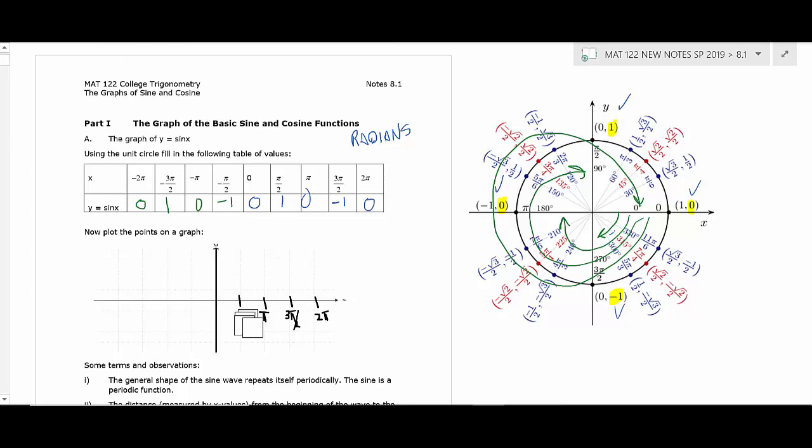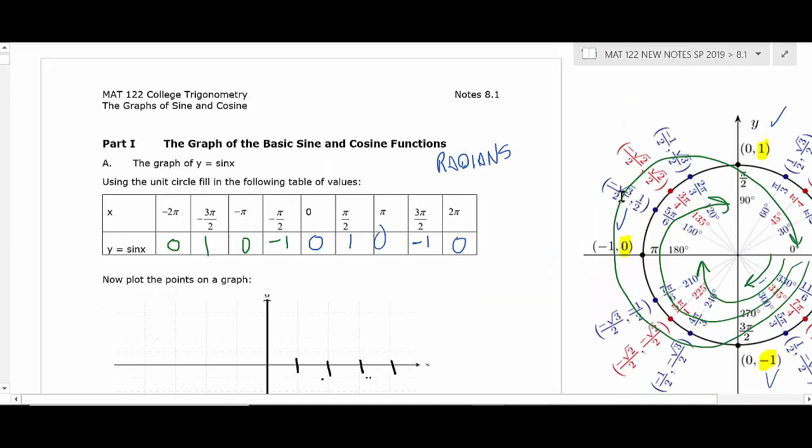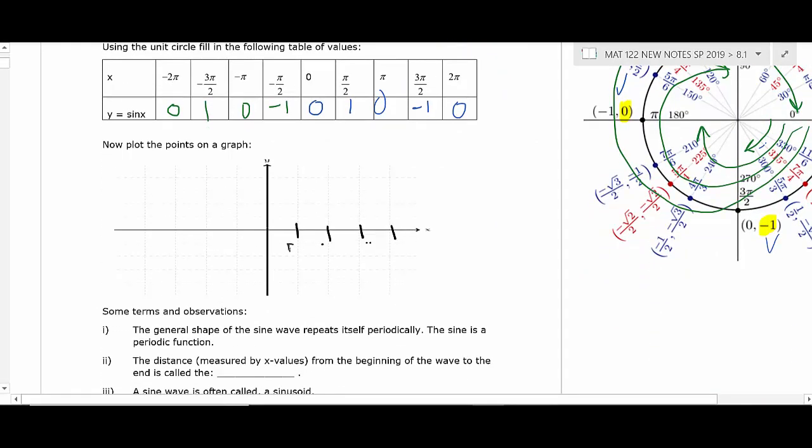I'm going to write that a little bit clearer and zoom in, because it's easier for me to write this way. Okay, so again, pi over 2, pi, 3 pi over 2, and 2 pi. And then you want to do the negative ones. We have negative pi over 2, negative pi, negative 3 pi over 2, and negative 2 pi.